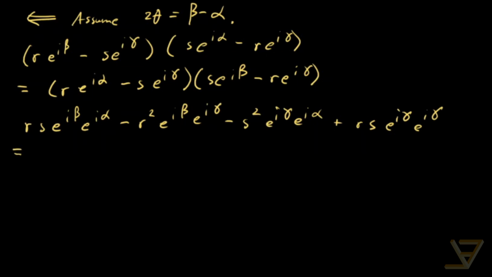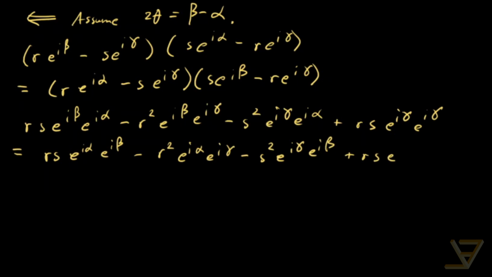And on the other side we get rs e to the i alpha e to the i beta. So we can see we're going to get some cancellations on the two sides. Minus r square e to the i alpha e to the i gamma minus s square e to the i gamma e to the i beta plus rs e to the i gamma e to the i gamma.